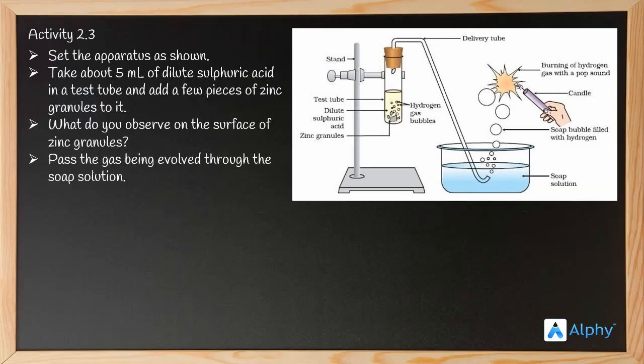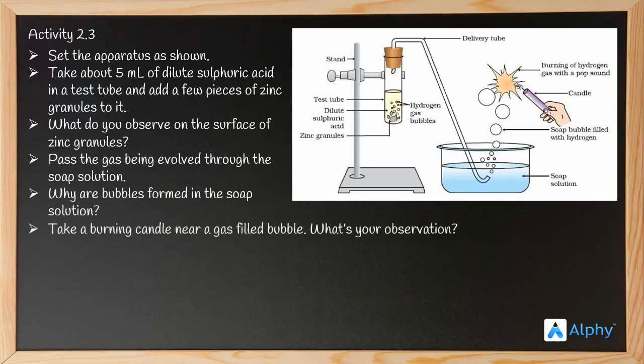And why are the bubbles formed in the soap solution? So observation number 2 is: why are the bubbles formed in the soap solution? Now take a burning candle near the gas filled bubble and note your observation. So we have to take a candle near the bubble and just observe what happens.